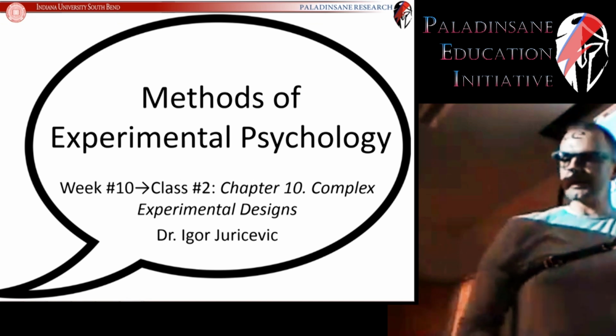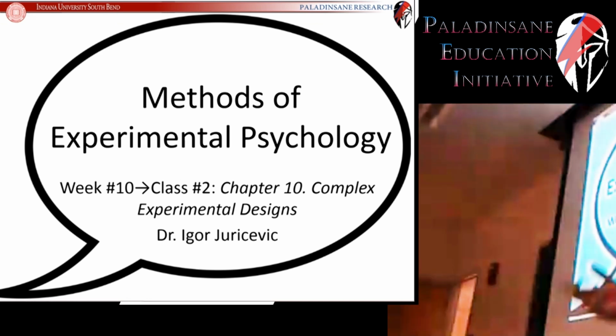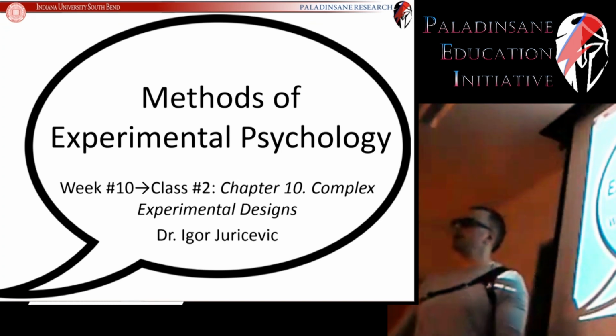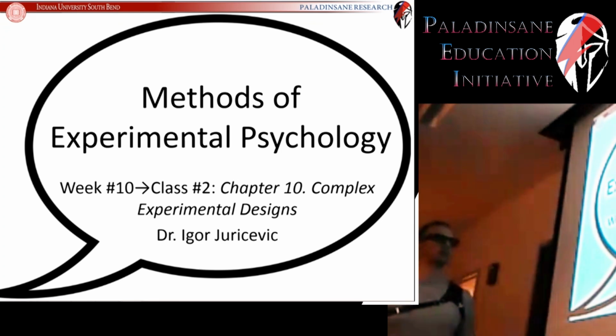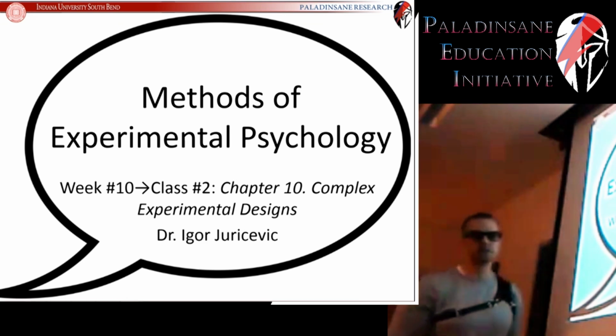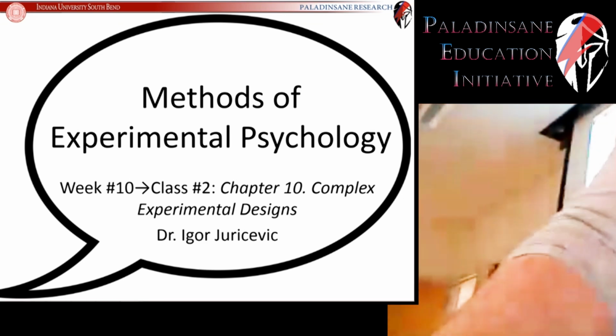And while that basic design is very helpful in answering some questions, there are other questions that psychologists want to ask that cannot be assessed with those particular designs. So we get into the slightly more complex designs that we're going to focus on today.